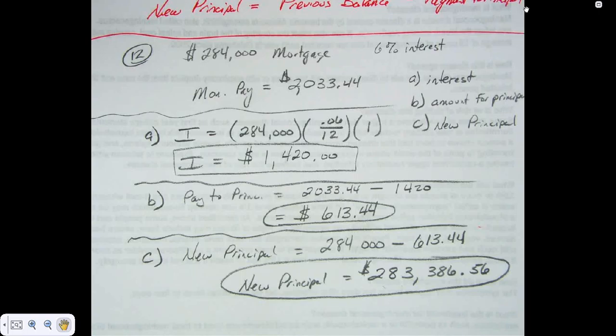Because as we saw before, at 6%, I'm betting we're going to roughly pay, did it say how long this one is? It didn't, did it?